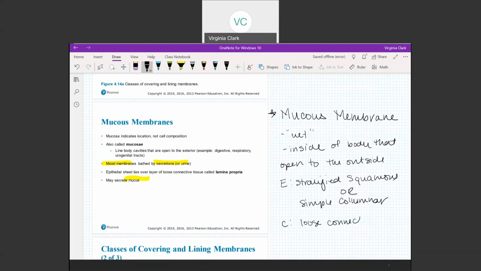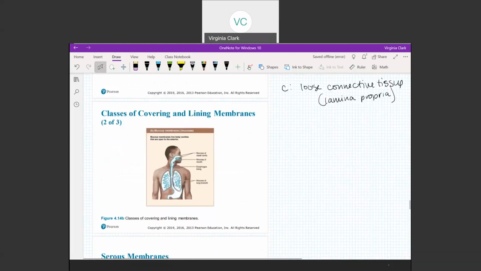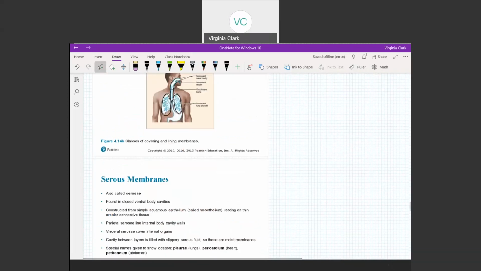Lamina just means layer. So that's going to be a wet membrane. You can kind of see how this is lining the environment inside our body, but has a connection to the outside. And then the last type is going to be a serous membrane or serosa.